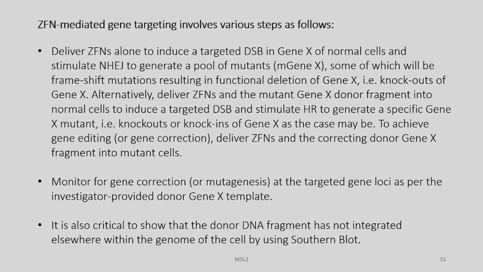Number 1, you need to deliver ZFNs alone to induce a targeted DSB in gene X of normal cells and stimulate NHEJ to generate a pool of mutants, some of which will be frame shift mutations resulting in functional deletion of gene X, that is knockouts of gene X. Alternatively, we deliver ZFNs and the mutant gene X donor fragment into normal cells to induce a targeted DSB and stimulate homologous recombination to generate a specific gene X mutant, that is knockouts or knock-ins of gene X as the case may be, to achieve gene editing.